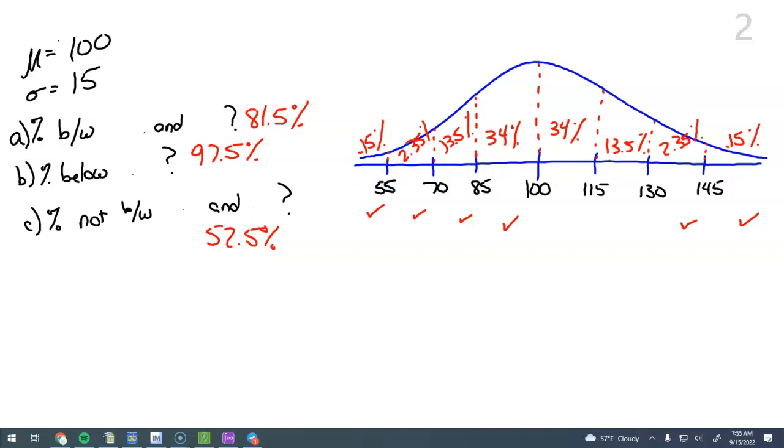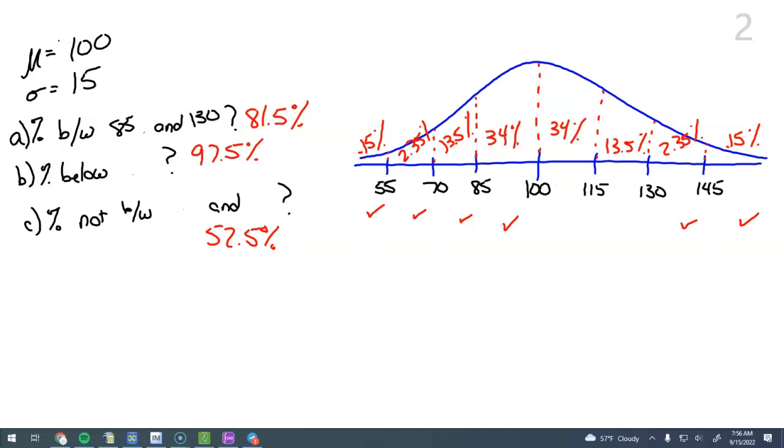And then this, I forgot what I did before. This one before was what? It was 70 to 85 last time. So it was one standard deviation below to 2 above. So now it'd be 85 to 130. And now it's the exact same question. All I did was change the numbers that go underneath. This one before was the percent below.